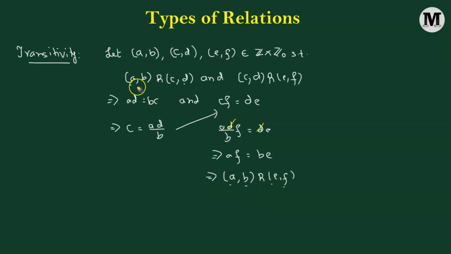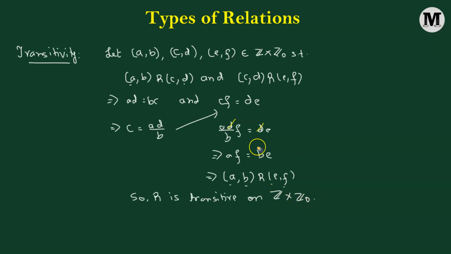So here we started out by considering two ordered pairs, A comma B related to C comma D, and then C comma D related to E comma F, and we are able to show that A comma B is also related to E comma F. So this is telling us that this relation R is transitive. This is a transitive relation, and it is going to be transitive on the Cartesian product of Z with Z naught.